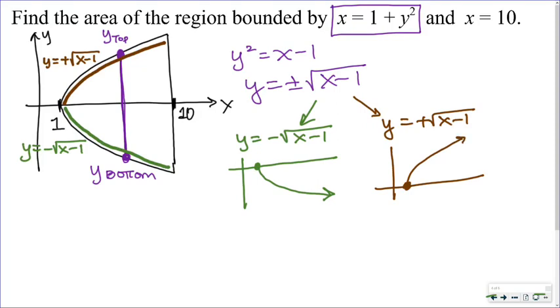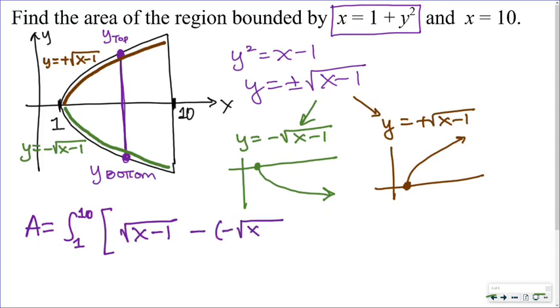And so now, if we were going to write the integral in terms of x, you have the integral from x is 1 to x is 10 of your top y value minus your bottom y value. So that's root x minus 1 minus negative root x minus 1, which is, of course, just going to become a plus here.